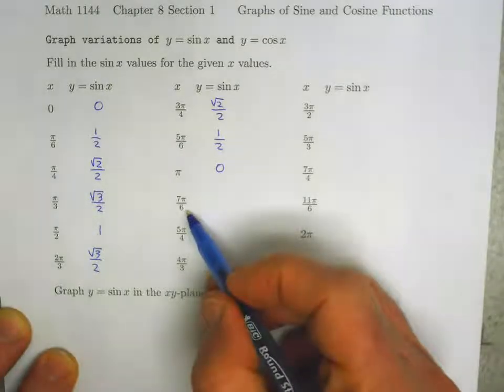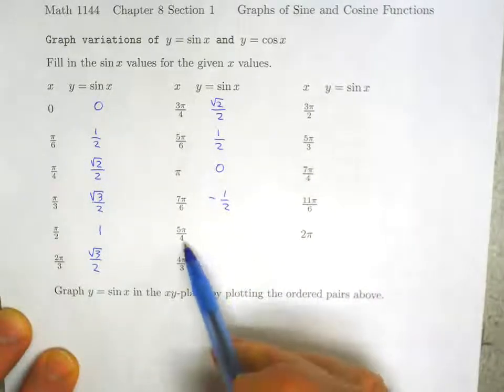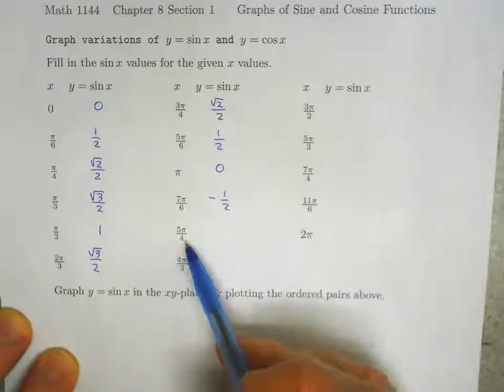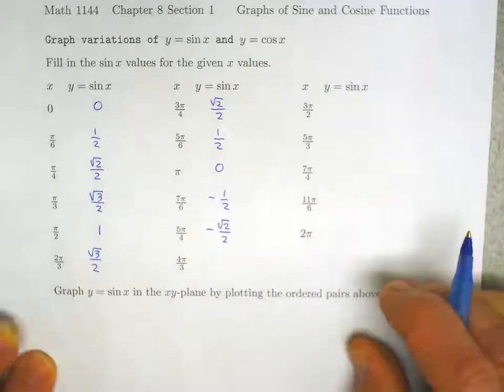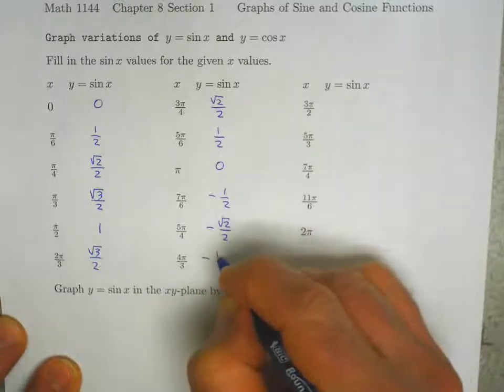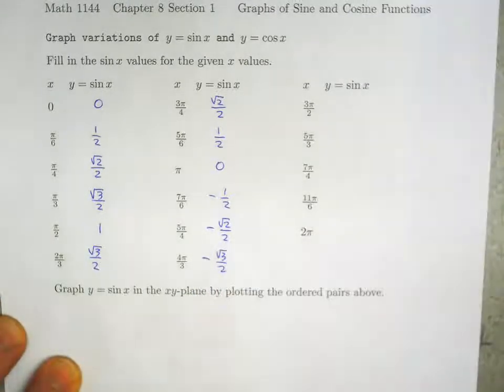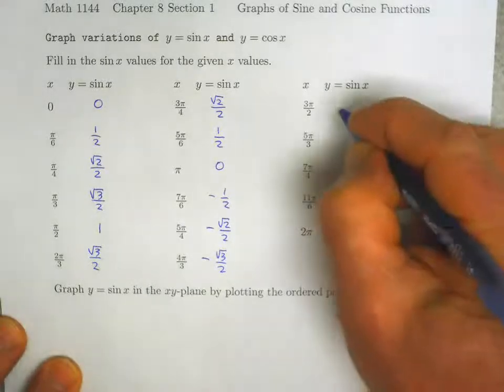Sine of 7 pi over 6 is negative 1/2. Sine of 5 pi over 4 is negative square root of 2 over 2. Sine of 4 pi over 3 is negative square root of 3 over 2. Sine of 3 pi over 2 is negative 1.